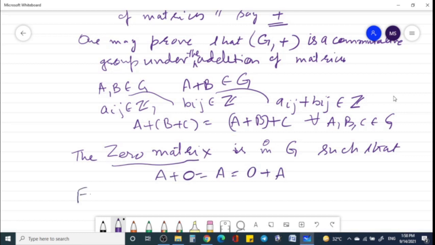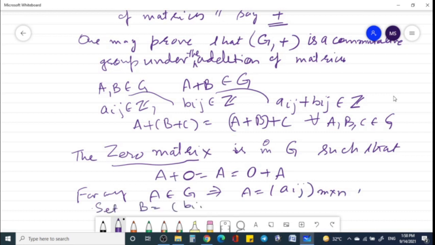And for any A belongs to G, that implies A is an Aij, m cross n order matrix. Now we can set a matrix B with entries Bij, where Bij equals minus Aij.